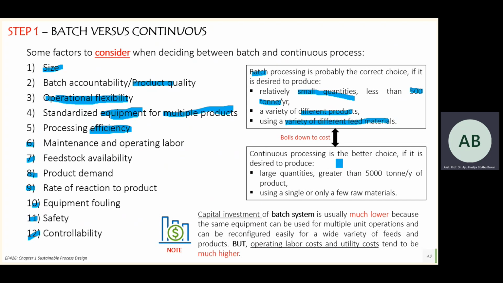Most of the process, they opt for continuous process when the product is in large quantities, greater than this figure, using a single or only a few raw materials.